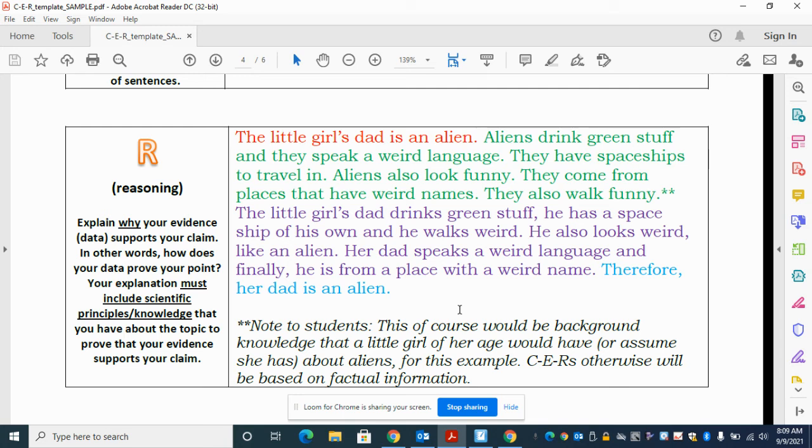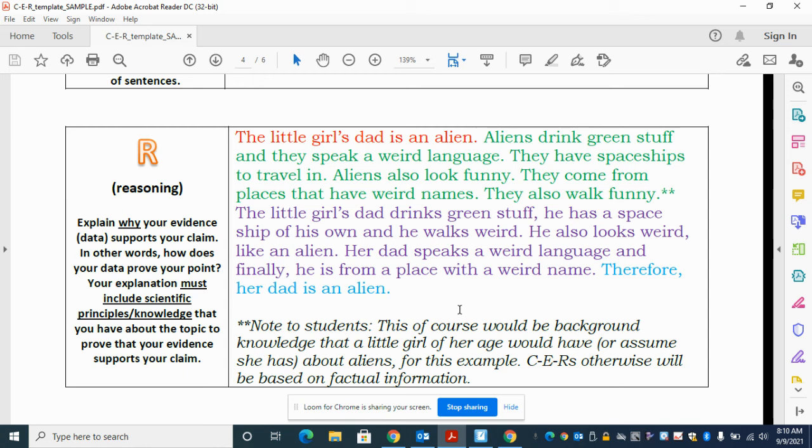So if you look at this section, basically what this student is doing is tying in, hey, aliens usually do weird things like walk funny or have spaceships or drink weird stuff. And the student goes on to say, hey, the dad does those same things that aliens do.